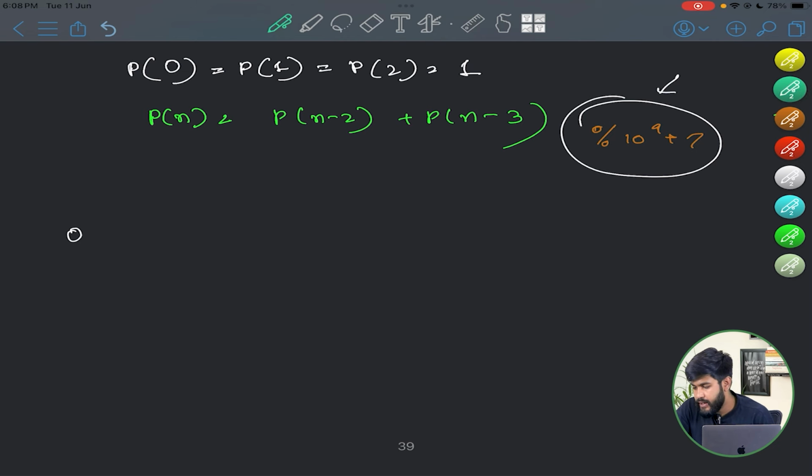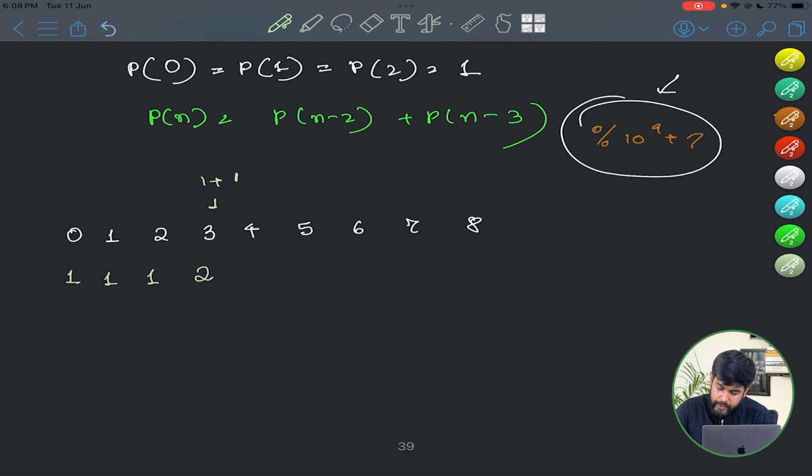Let's say we have indices 0, 1, 2, 3, 4, 5, 6, 7 and 8. For 0, 1 and 2, we have the value 1. For the value 3, 3 minus 2 is equal to 1, and that value is 1, plus n minus 3, that is 3 minus 3 is equal to 0, and that value is also 1.